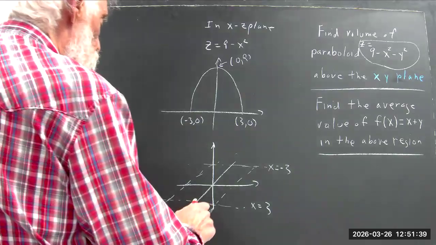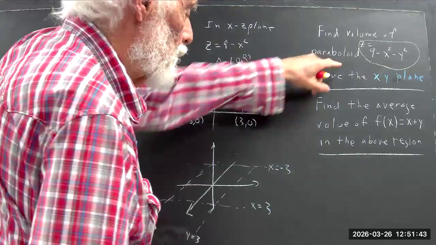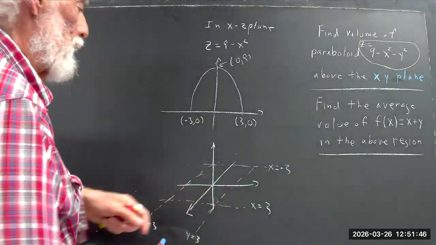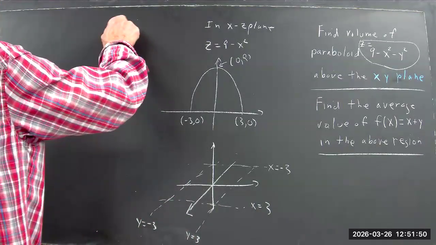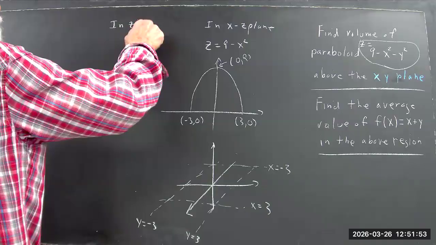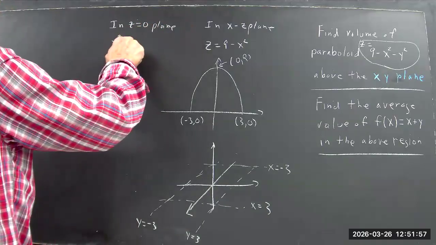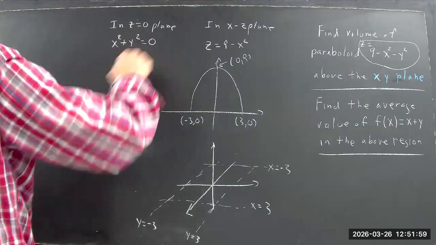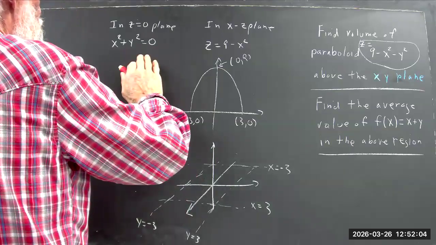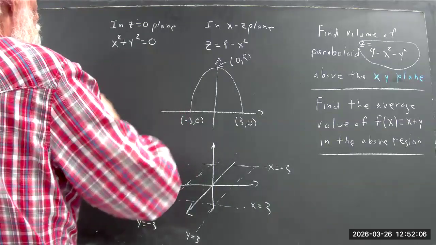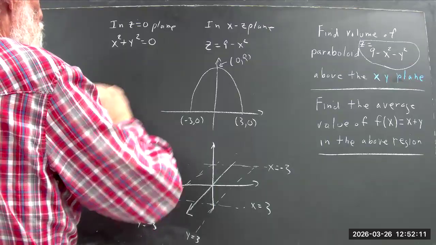The reason I sketch those lines is the vertices of this paraboloid, if we confine it to the z equals 0 plane, x squared plus y squared equals 9.